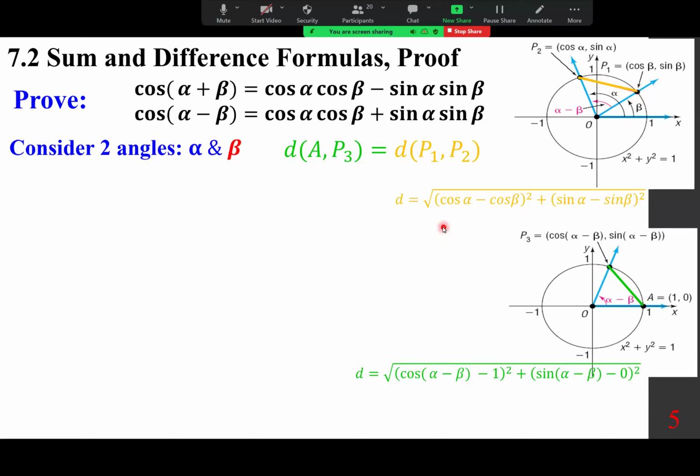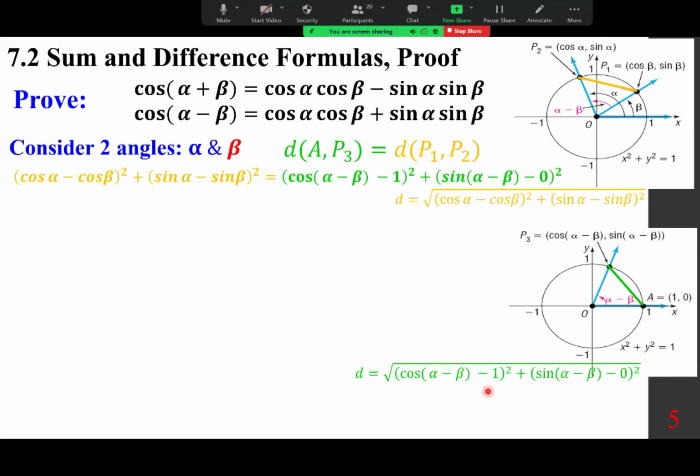Now, in order to work with this, it's easier if we square both ones. So we are going to look at this one without the square root, the same thing without the square root, and these two are identical. Now, all we have to do is square them and see what happens. Let's start with this one. Cosine alpha minus cosine beta quantity squared. And I'm assuming everybody remembers a minus b quantity squared, a plus b quantity squared.